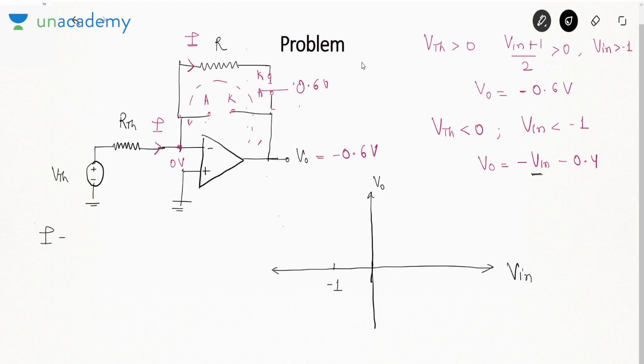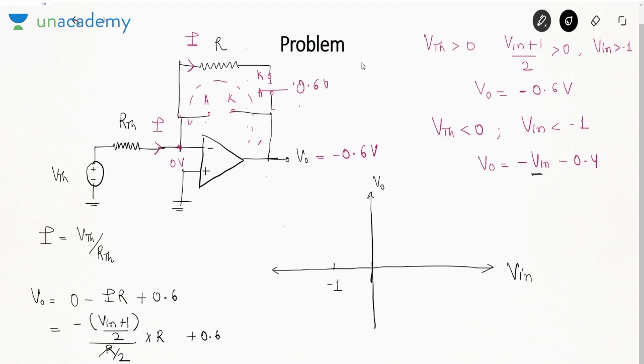I is VTH over RTH and V0 is 0 minus IR plus 0.6. So minus (Vin plus 1) by 2 divided over R by 2 into R plus 0.6.